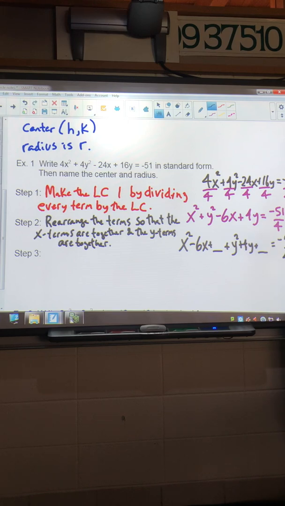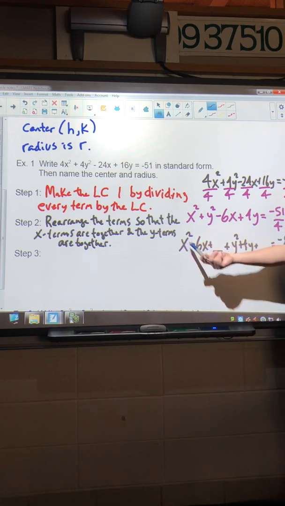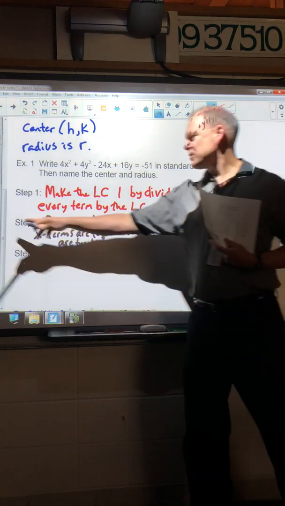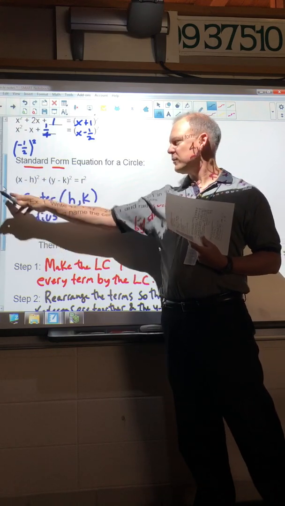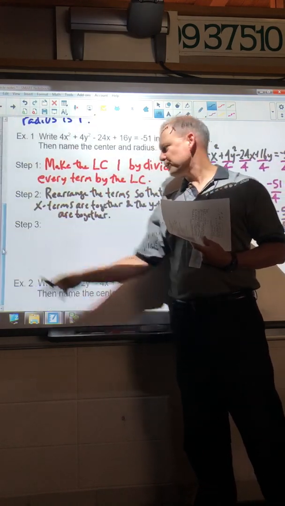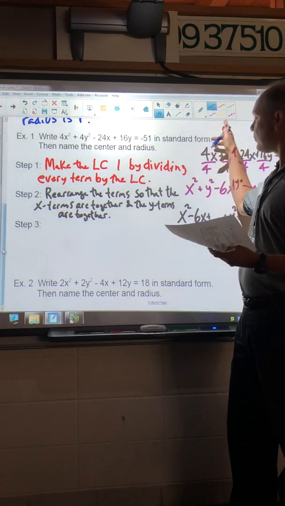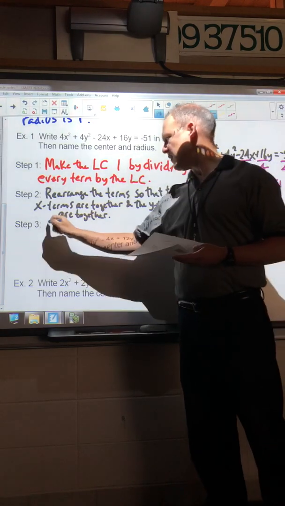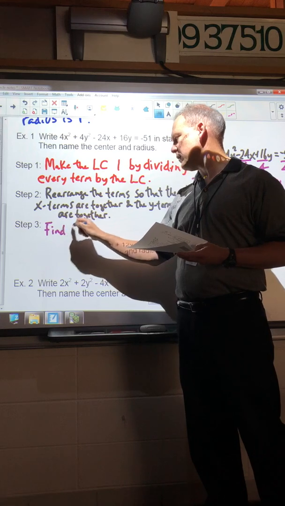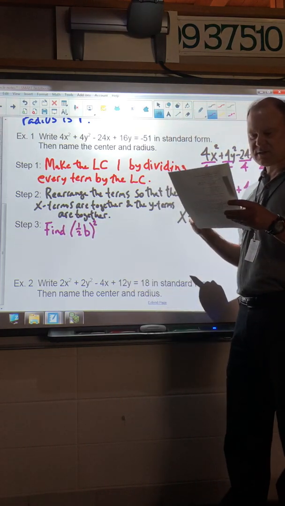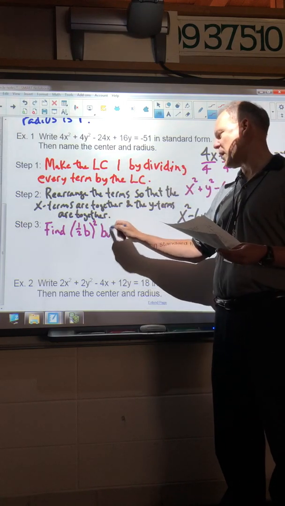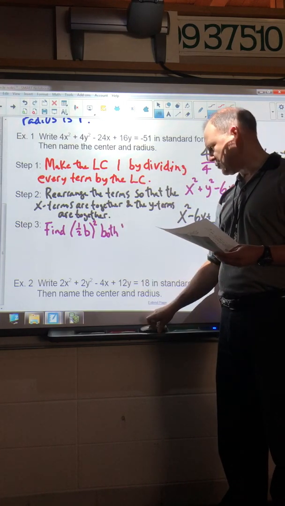Okay, and then you can probably guess the next step. We want to turn these into perfect square trinomials, so that when we factor it, we get something like this, x minus h squared, y minus k squared. Okay, so step 3, find 1/2 of b, square that for both x and y.